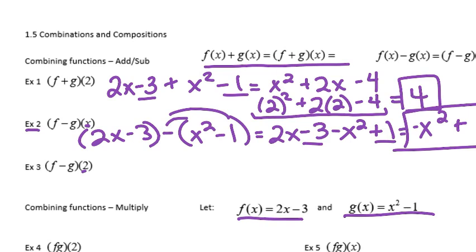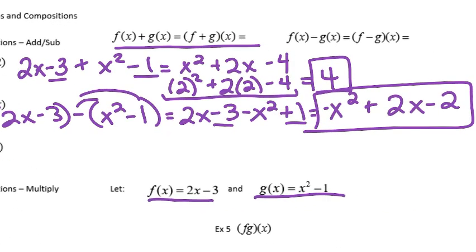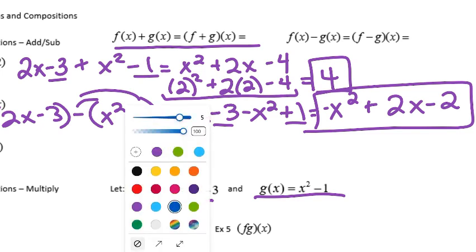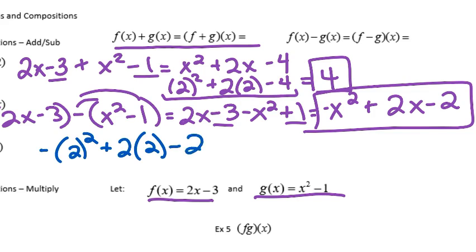So we are going to plug in the 2 for this x right here. So I'm going to change my color. So it's negative (2 squared) plus 2 times 2 minus 2.